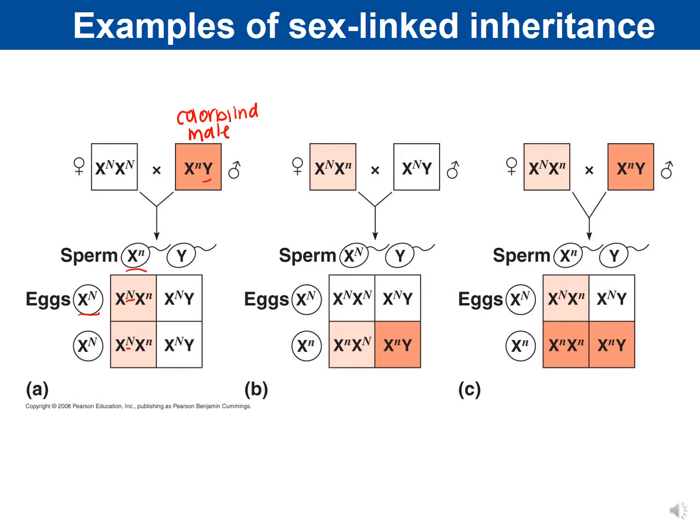Notice that under this scenario, the males are not affected, because the eggs always are going to be X big N. So we would have X big N Y or X big N Y. Males are not affected.